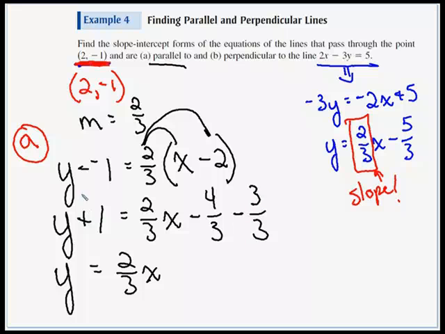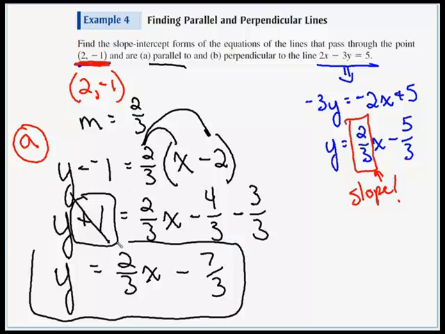So we're going to subtract 3/3 from this side since we have a common denominator 3. So minus 4/3 minus another 3/3 is minus 7/3. There's our answer for part A. It is parallel to this given line, and it will pass through the point 2 comma negative 1.